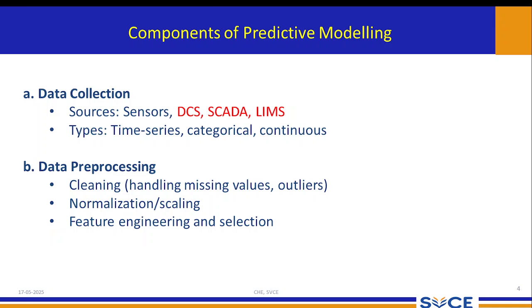Coming to the SCADA system, the SCADA system is supervisory control and data acquisition. That's why this SCADA can be integrated along with the DCS. I told you, the SCADA is a hardware and software combination that enables industrial process automation by capturing real-time data from sensors and equipment.